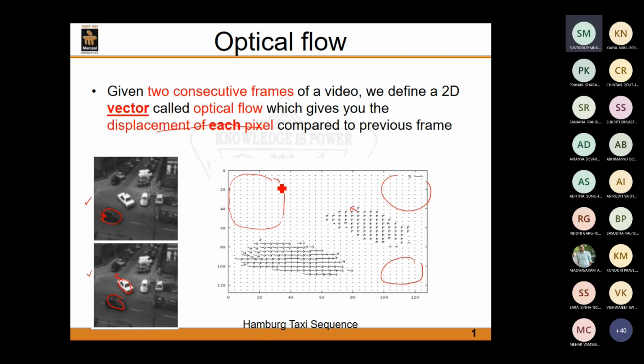So it gives us an idea, pixel-wise, which are the places where there has been a displacement, which are the regions where there has not been a displacement, and if there is a displacement, by how much it has been displaced. So basically the optical flow is a vector quantity which has both magnitude information as well as direction information, from which we can calculate how much distance each of the pixels has been displaced between two consecutive frames.